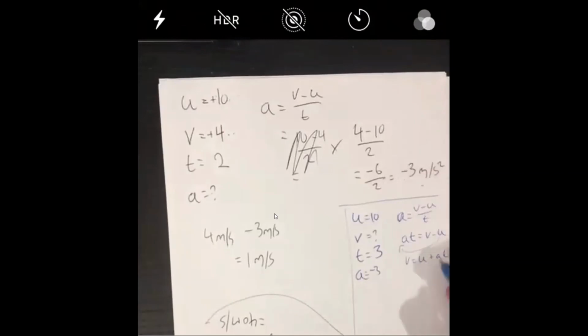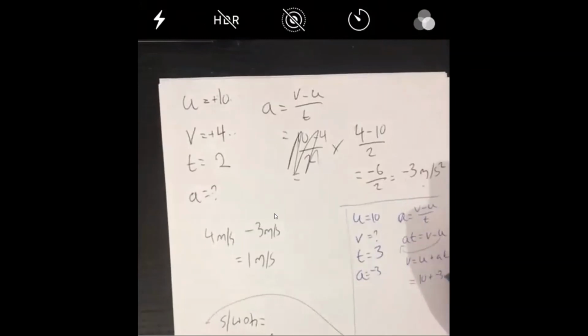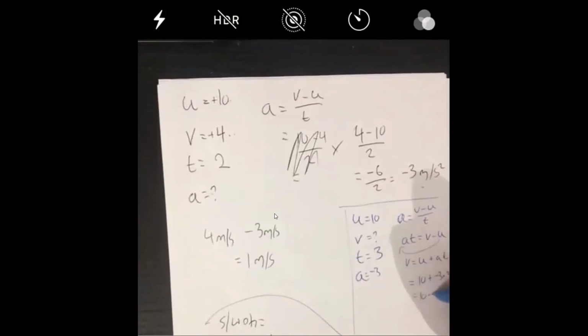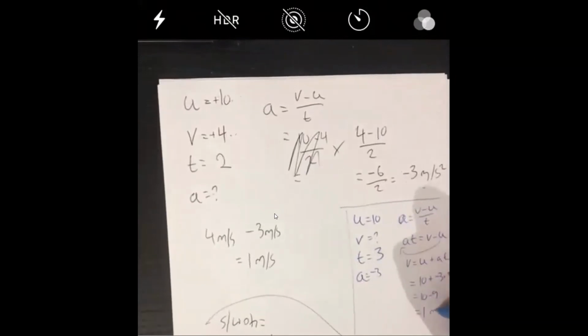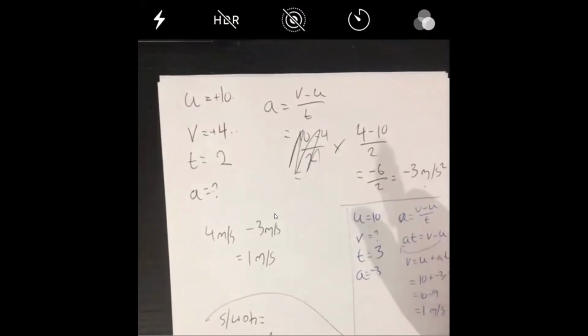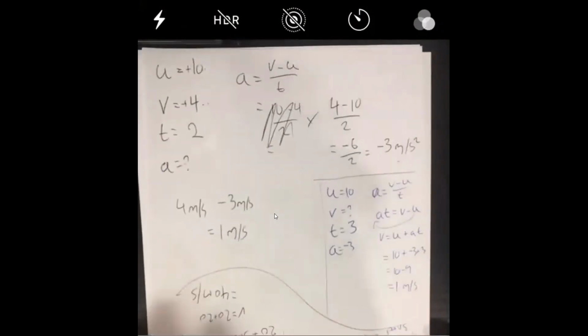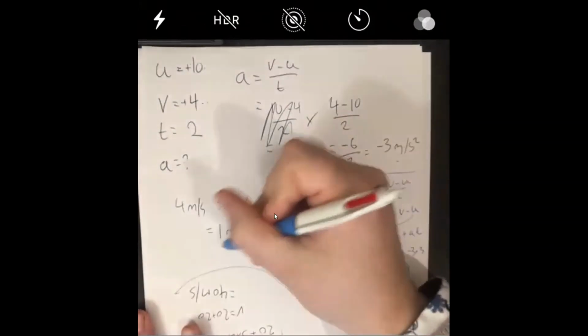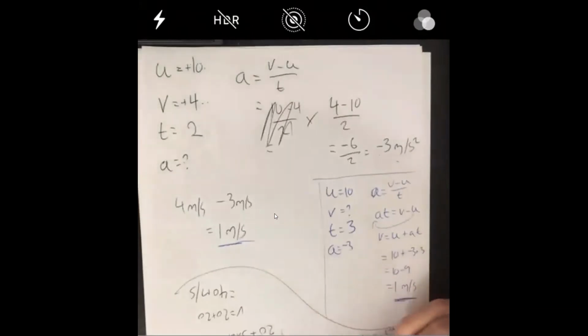So that means our final speed is going to be equal to 10 plus negative 3 times 3, which is 10 minus 9, which is 1 meter per second. And sorry, you can't see. But yeah, that's the same speed, 1 meter per second. So it's a different way of doing it, but you get the same answer.